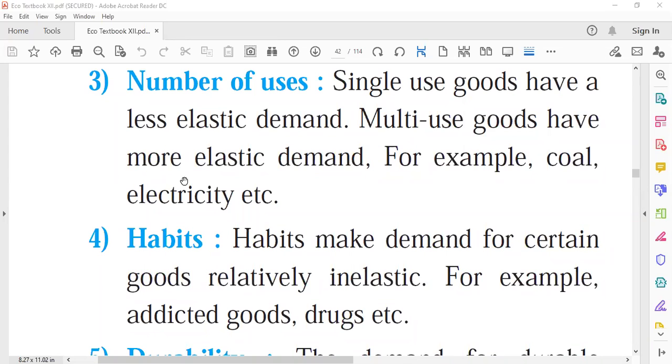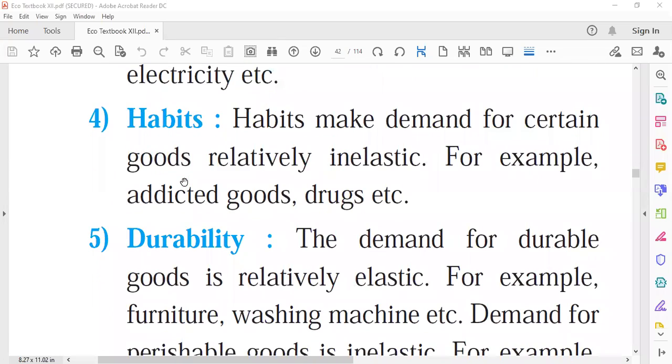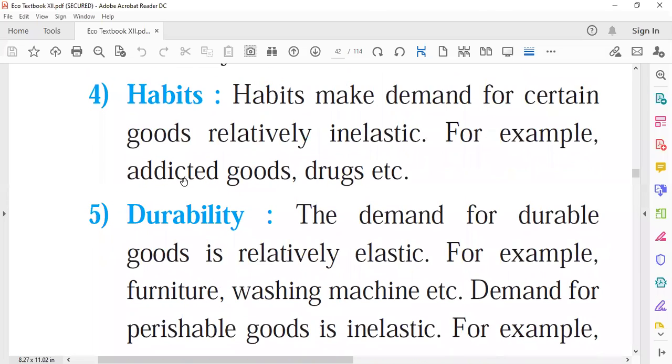Further, it depends upon the habits of the consumer. If the consumer is habitual of consuming that particular commodity, the demand will be inelastic. We can take the example of alcohol.